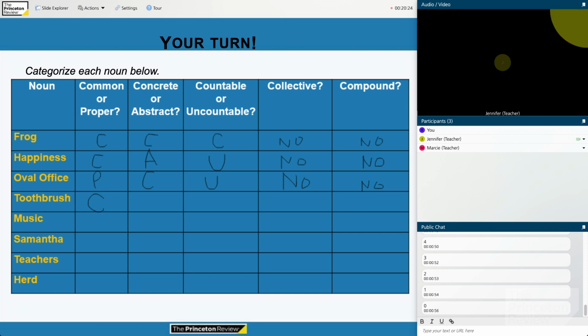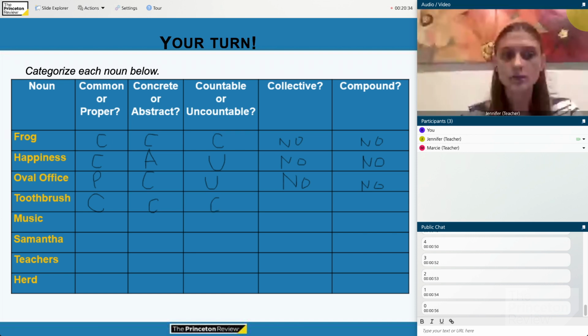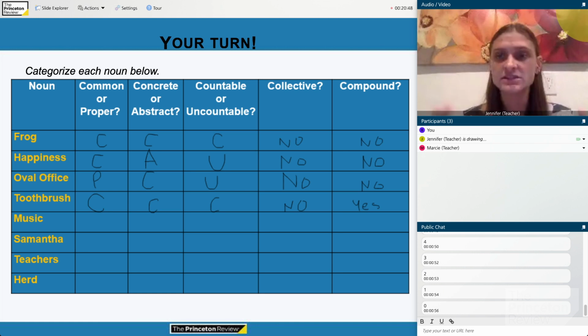You can definitely touch a toothbrush, so it's concrete. And you can count toothbrushes. You can have multiple, so it's countable. It's only referring to one, so it's not collective. But it is compound. So we finally have a compound word here, because the word tooth and the word brush are added together to form toothbrush.